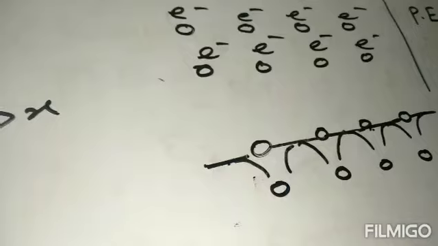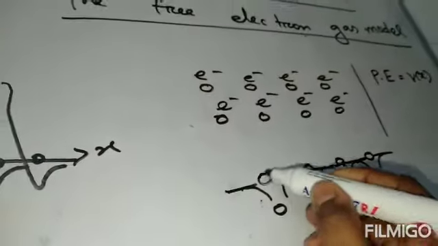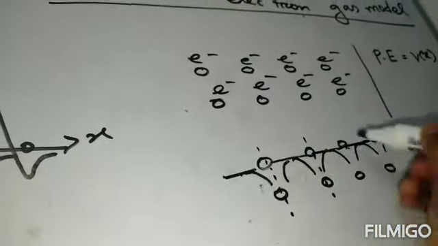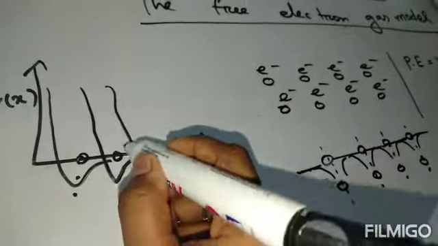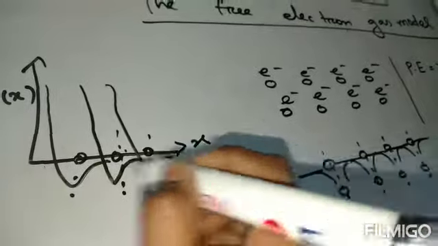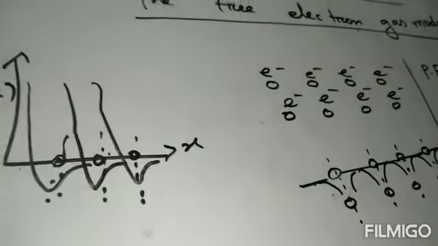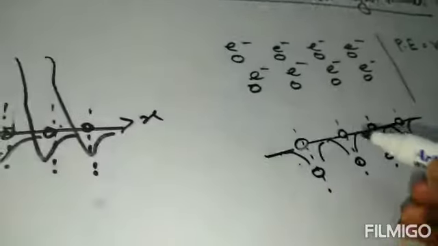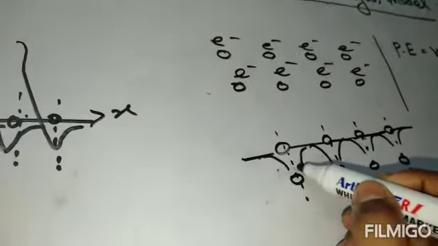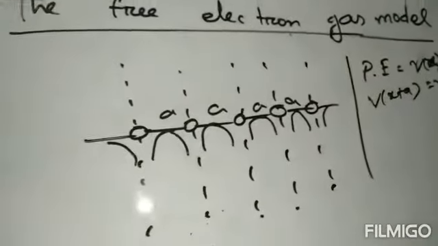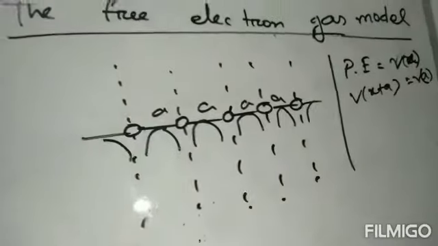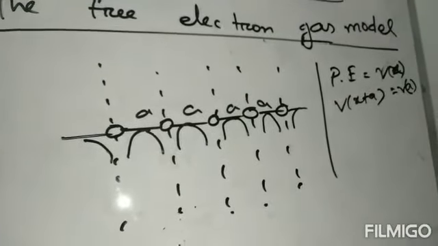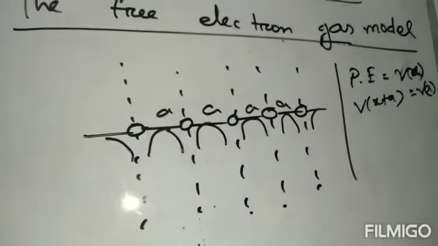This is the potential side, and this is also the potential side. This is the lowest point of potential, and this is the maximum point of potential. Mathematically it is very difficult to work with this potential, so we have to simplify.